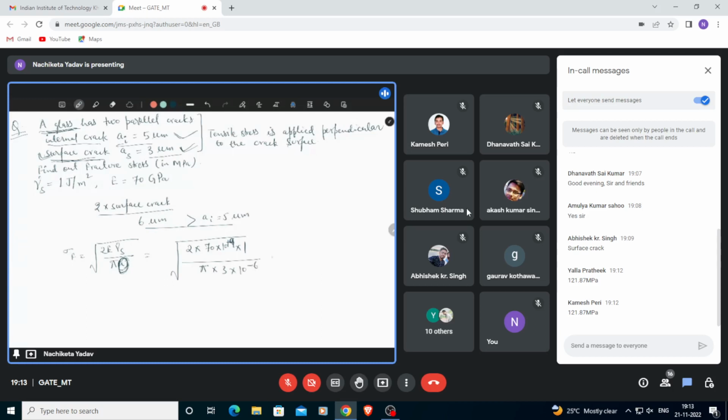So after calculation, we will get nearly 120 megapascal. Okay, it is right. Kamesh, nearly 121. Yeah.